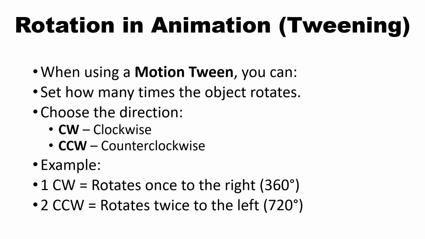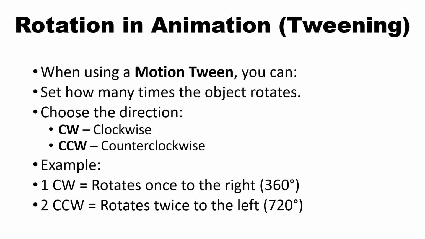In the case of rotating using a tween, we create first of all a frame and then a keyframe. So you have a keyframe and a frame, and in between you create a motion tween. Animation can be done either using motion tween or classic tween.